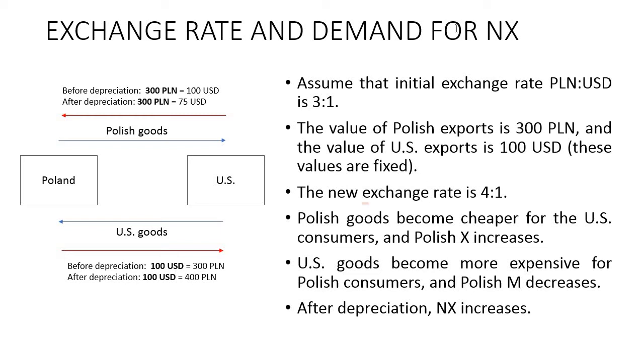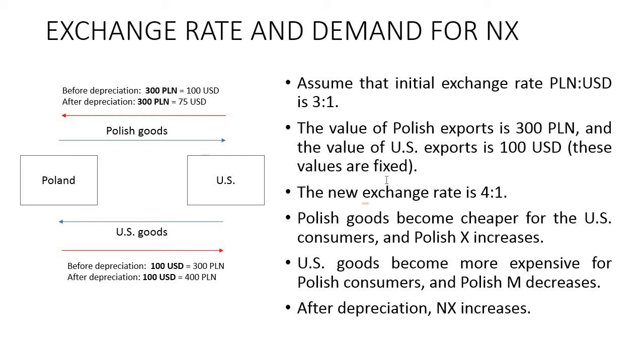Assume the initial exchange rate of Polish zloty to US dollar is 3:1, so you pay 3 Polish zloty to get 1 US dollar. In this case, the initial value of Polish exports is equal to 100 US dollars and the initial value of Polish imports is equal to 300 Polish zlotys.